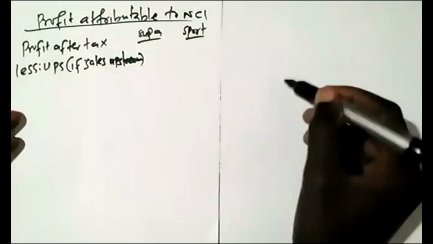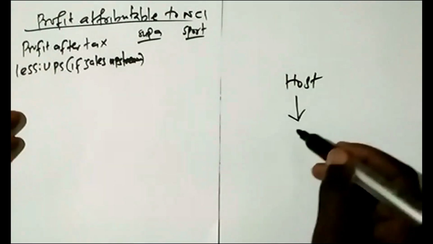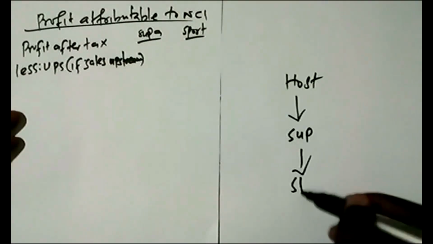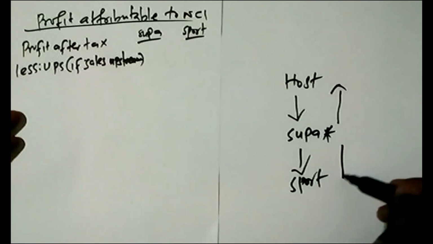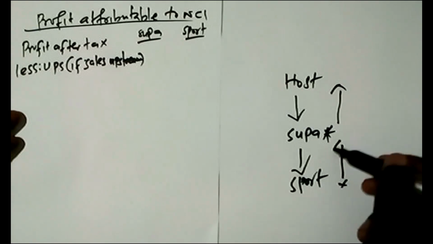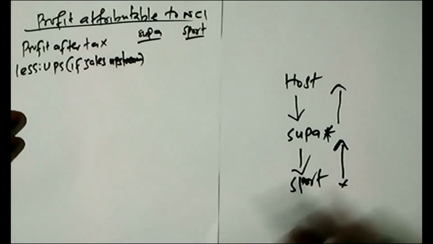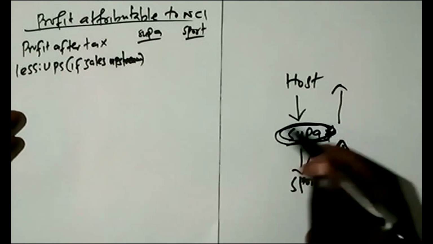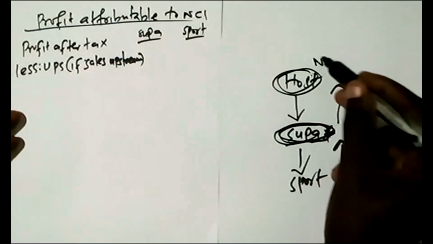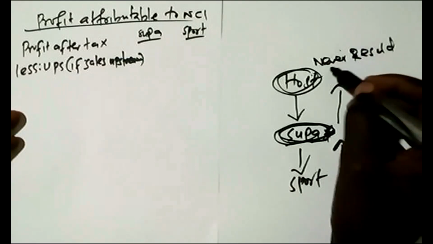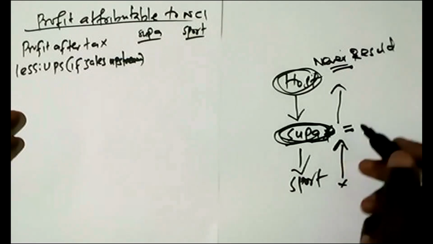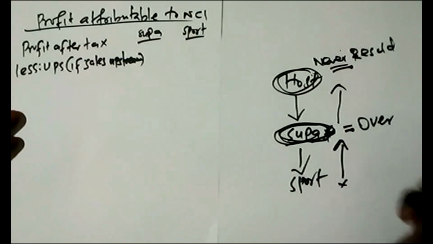This means that if the subsidiary, Super or Sport, sold goods to the parent, remember the parent was the host, and the parent never resold them, then the profit the parent never realized is in the subsidiary's profit. So the profit here is overstated by what the parent never realized.